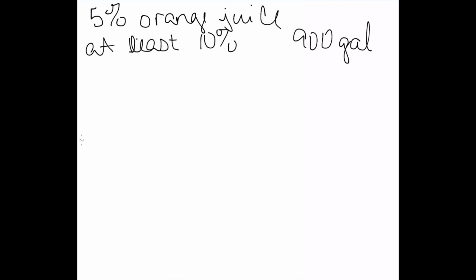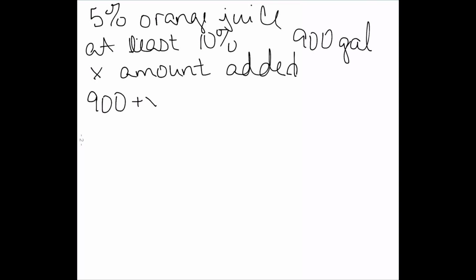So let's start with what we know. We're going to let X be the amount that we actually need to add to get up to standard. Right now I'm just going to write down information. This is the amount that we need to add. So 900 plus the amount that we added is going to be the new volume.